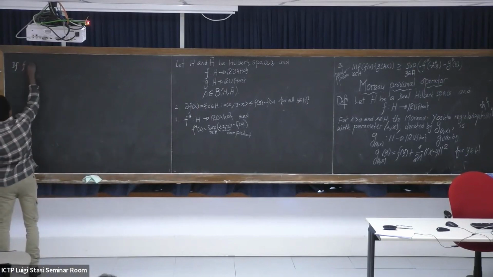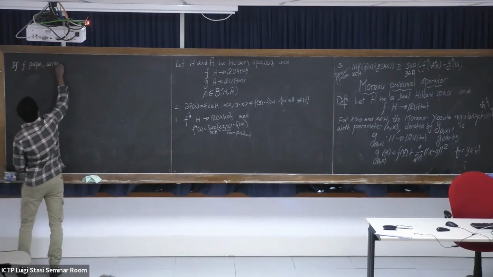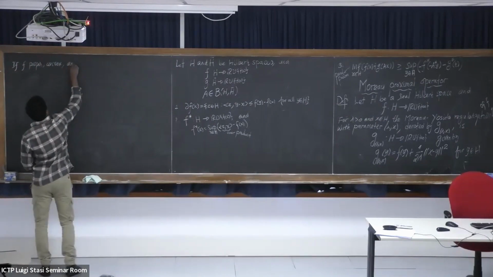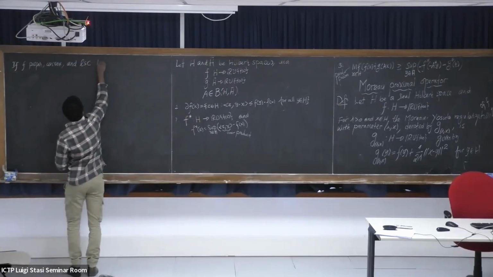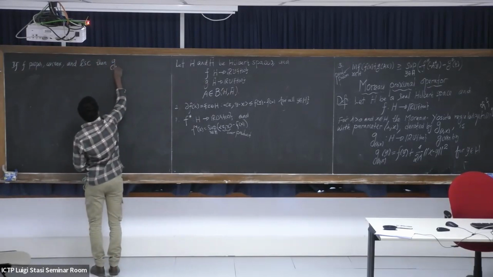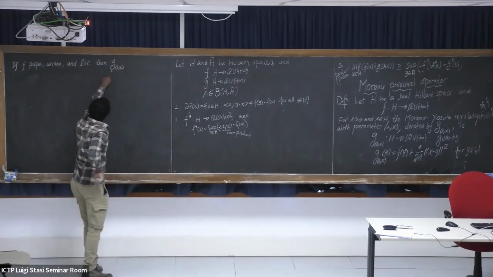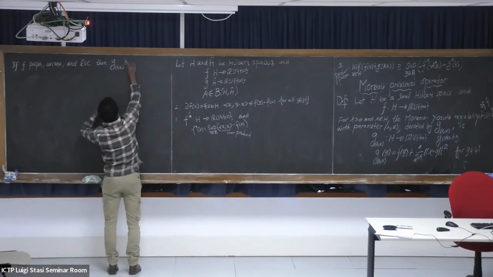If f is proper, convex and lower semicontinuous, then the regularization of f with parameter lambda x has a unique minimizer.